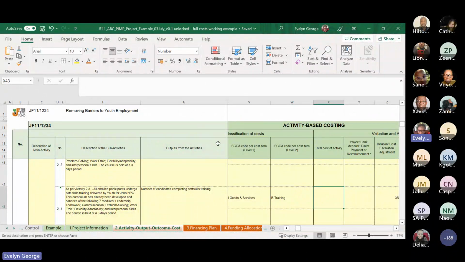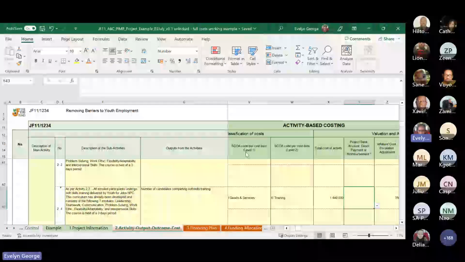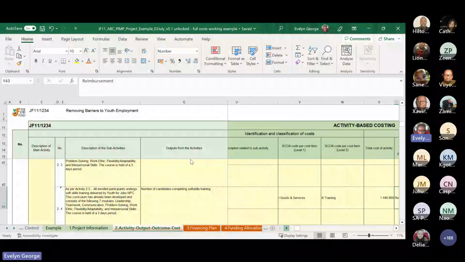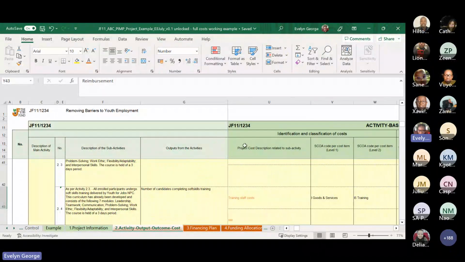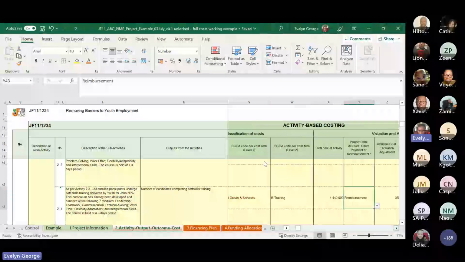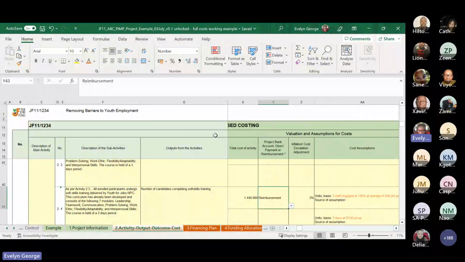And here we had done a calculation before. So that's going to cost about that much. And it is a reimbursement again, because it is payroll, so this is a bit of a misnomer where we are calling it a good and service. And here we are using the escalation of 3%.